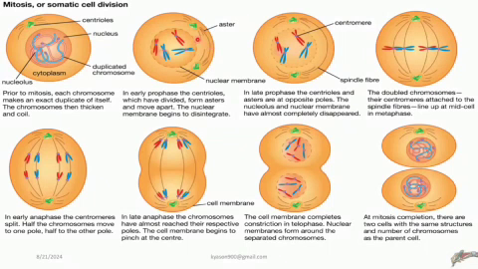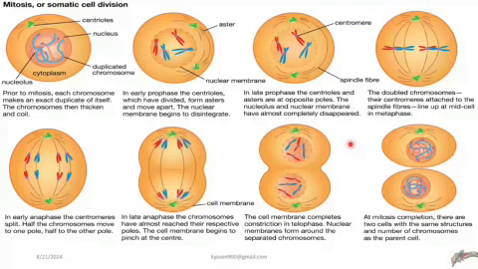So the membrane has to start disintegrating at this point. You can see here the spindle fibers starting to form. The membrane is dissolving, it is disappearing. The nucleolus, which was a spherical body in the nucleus, is also disappearing.